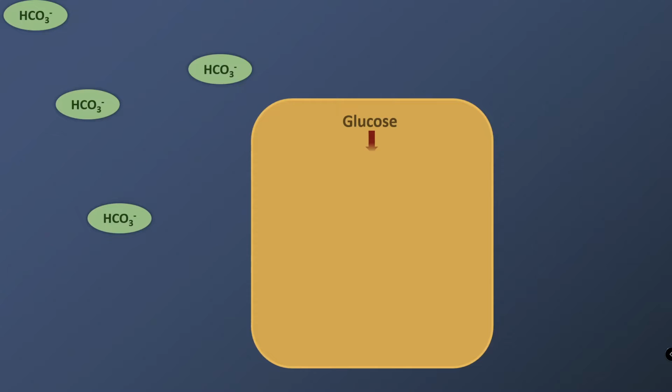You break down glucose through the process of glycolysis and convert it into pyruvic acid, and in this process you get energy in the form of ATP, and then this pyruvic acid is funneled into the TCA cycle or citric acid cycle, which is an oxygen dependent process, and through the TCA cycle you get some more energy in the form of ATP, right?